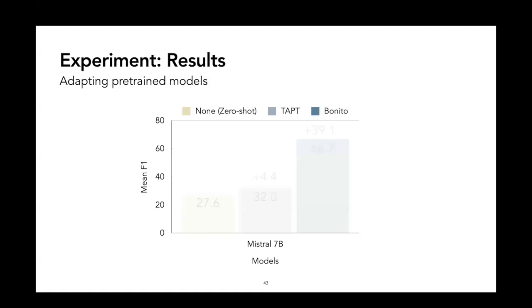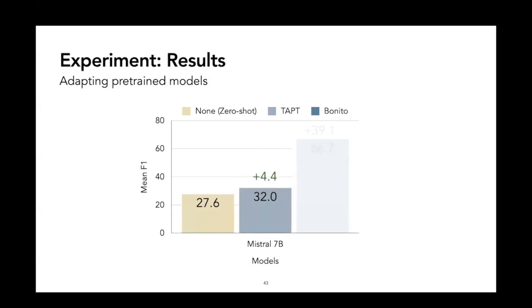Now I'm going to show you the results for our experiment. We've averaged the results across all the datasets. The columns represent the different methods, and the y-axis is the performance in F1. The pre-trained model achieves a zero-shot performance of 27.6 F1 points.